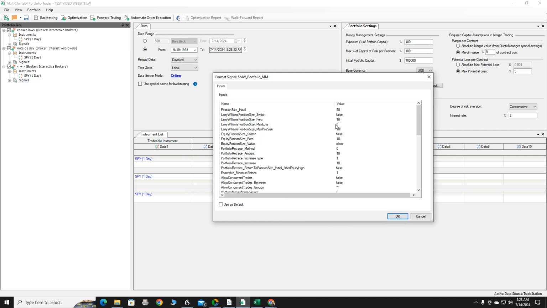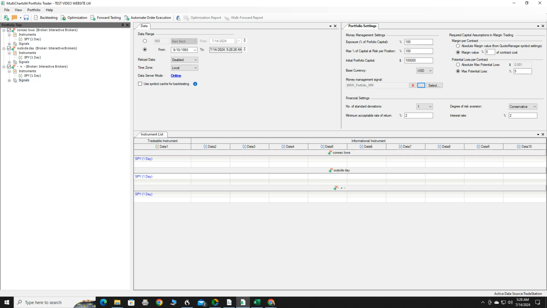This is our portfolio. As you can see, position size initial. Now, this could be the number of shares for an ETF or the number of contracts for futures. I have it set at 50 in this particular case.